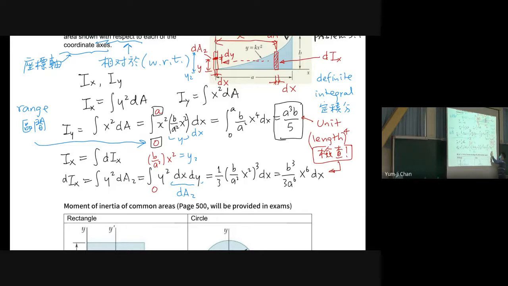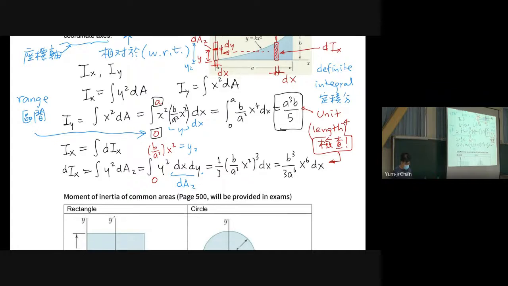And there's length to the power 1. So 3 plus 6 plus 1 is length to the power 10 here. And then in the denominator, we have length to the power 6. So what is the total unit of this answer? It is length to the power 4. Okay? So at least it should be okay.